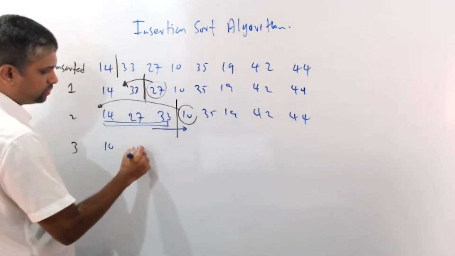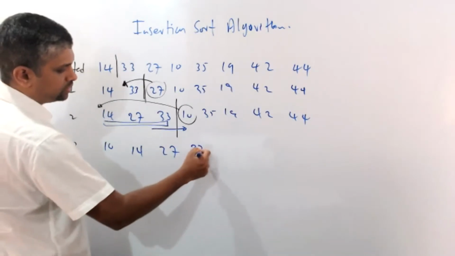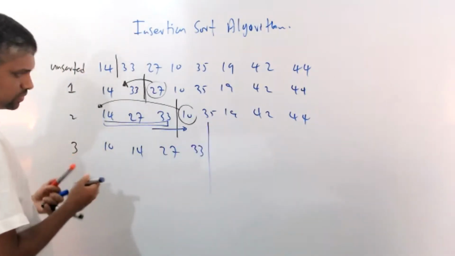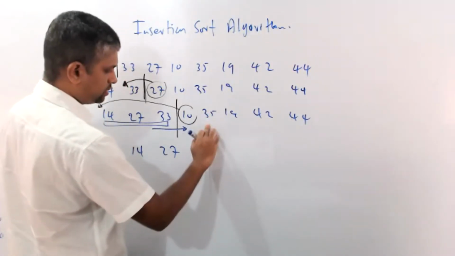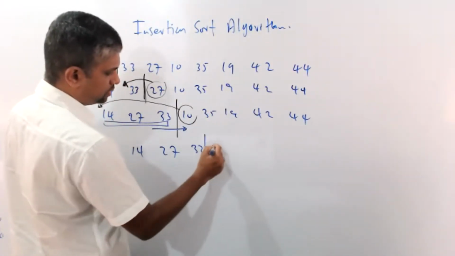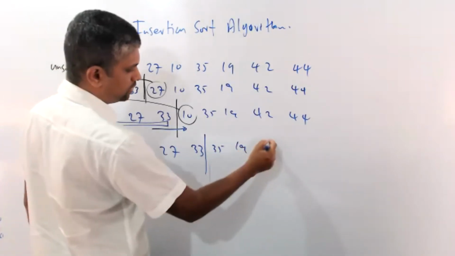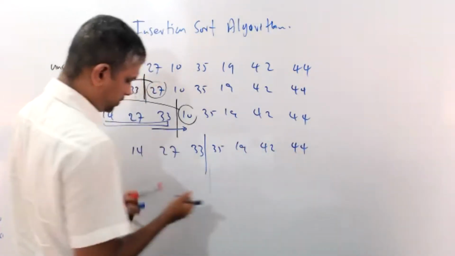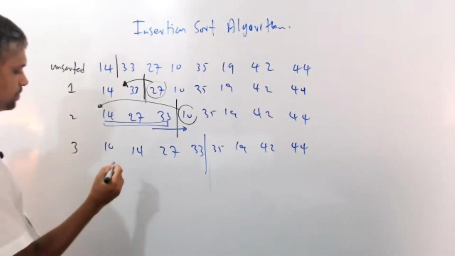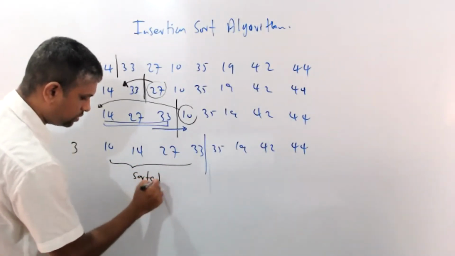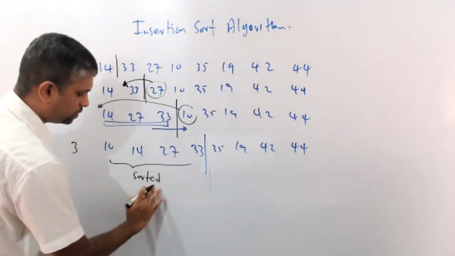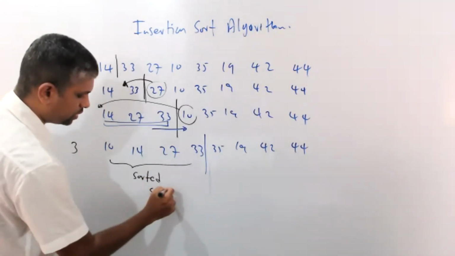10, 14, 27, 33. Okay, 33 has come. Then 35, 19, 44, 42. Right. So this is the sorted part, the sorted sublist.